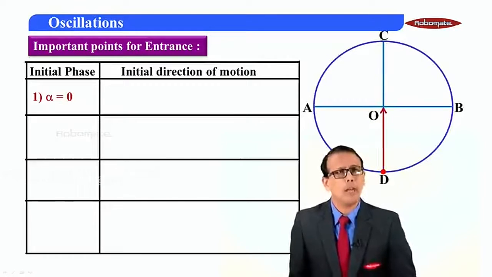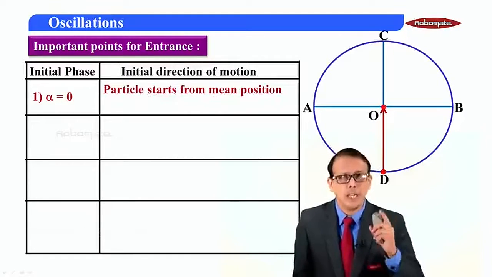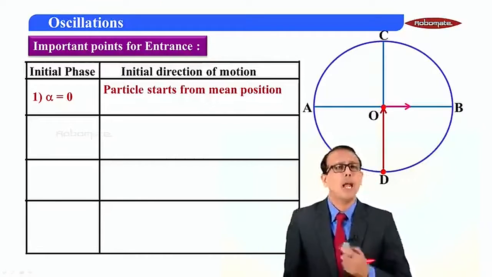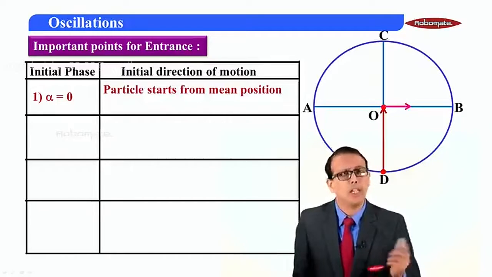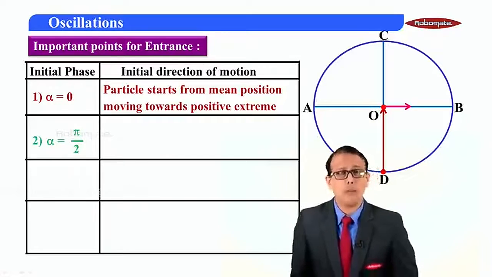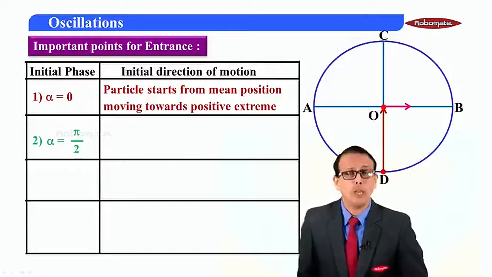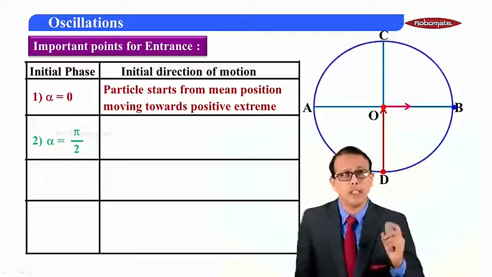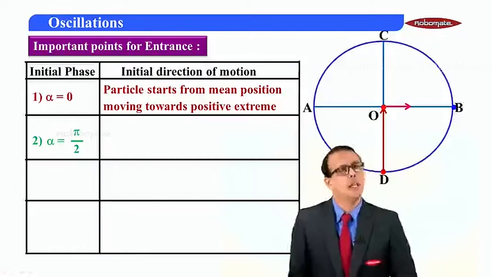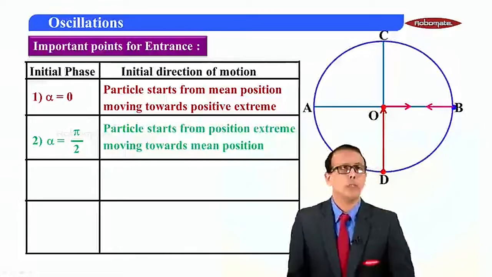So remember, whenever initial phase is 0, the particle is at mean position, and it is moving towards positive extreme. Second case, whenever the phase is pi by 2, the particle is at point B, that is, at positive extreme, and will move towards the mean position.